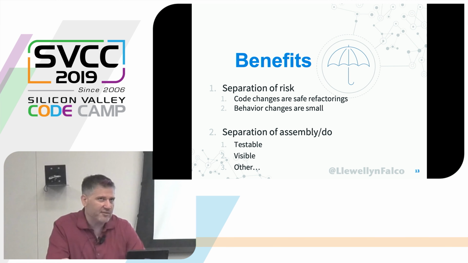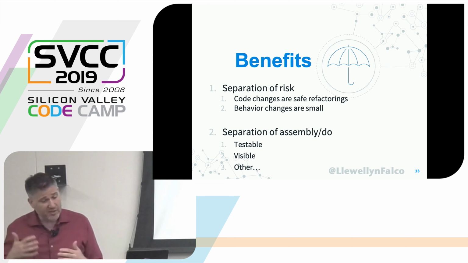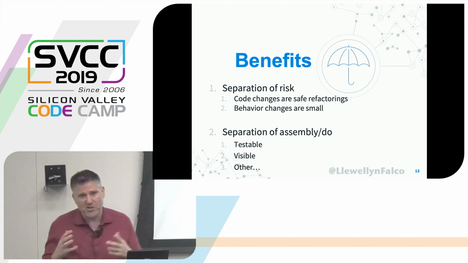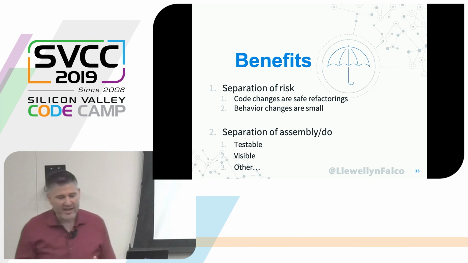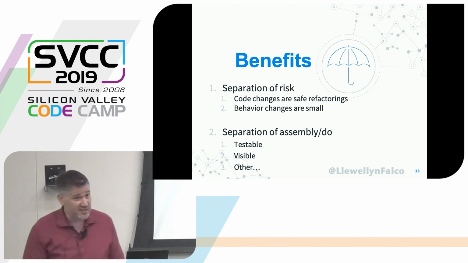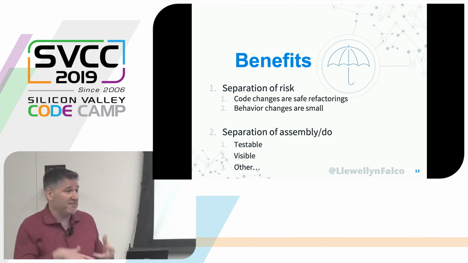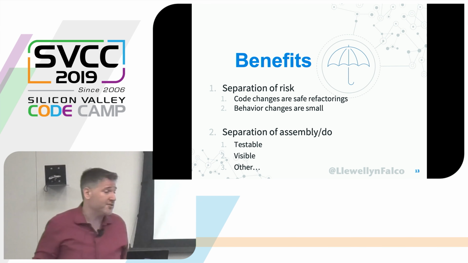And I have found in legacy code, I value safety more than anything else. But it also separates the assembly versus the doing. That allows us to do things like make this testable. It allows us to do things like visualize it in those dot files.